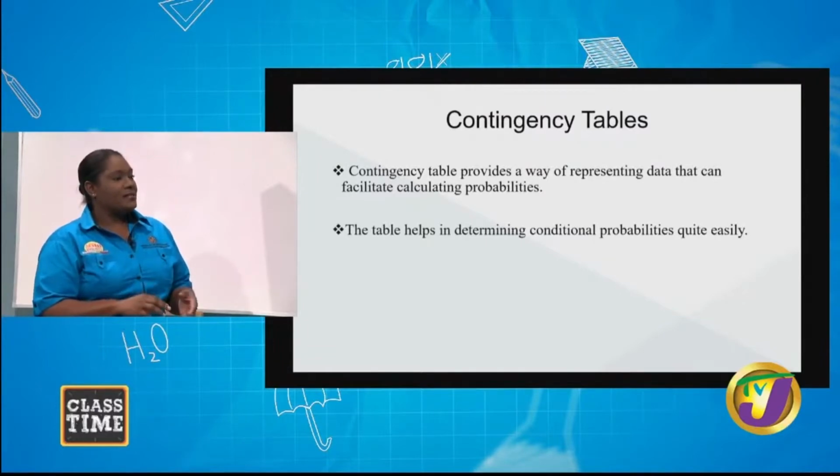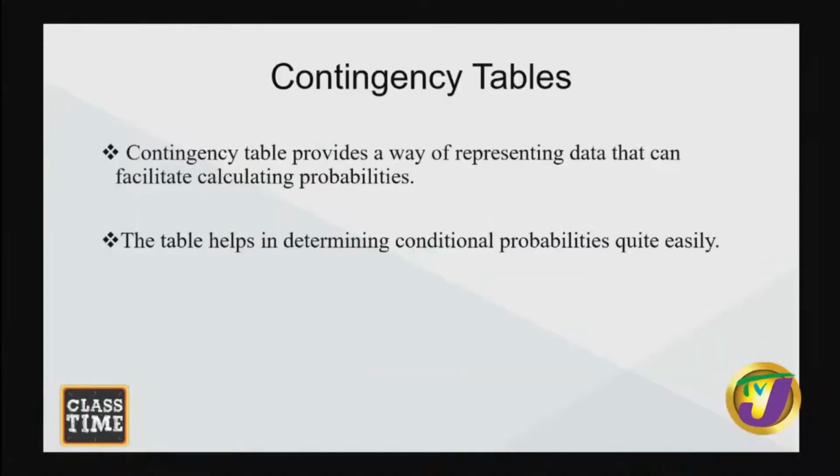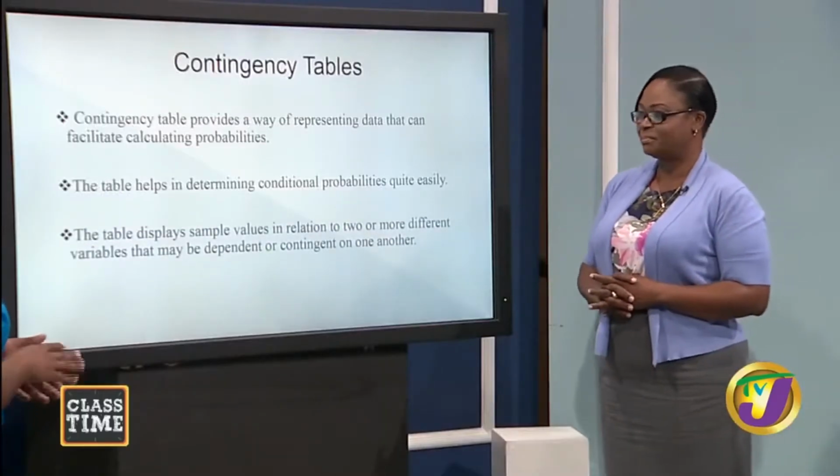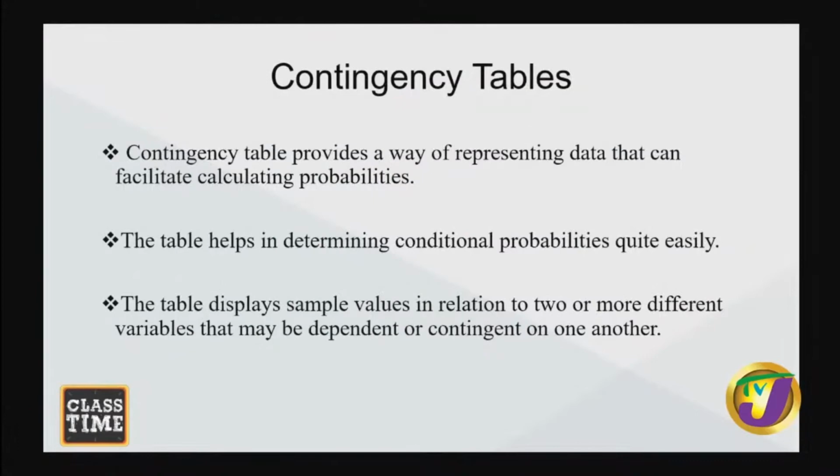Whichever event we are asked to identify, we can use the contingency table to help us clarify. The table displays sample values in relation to two or more different variables that may be dependent or contingent on one another.